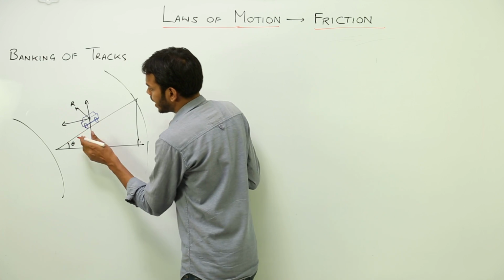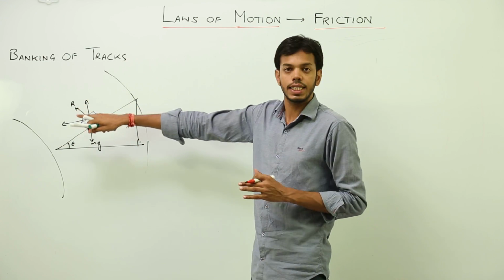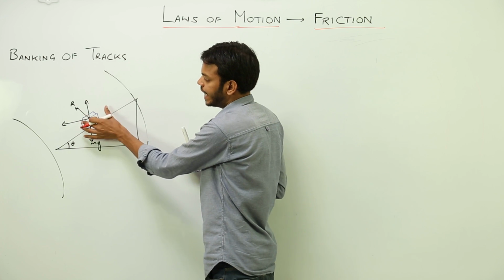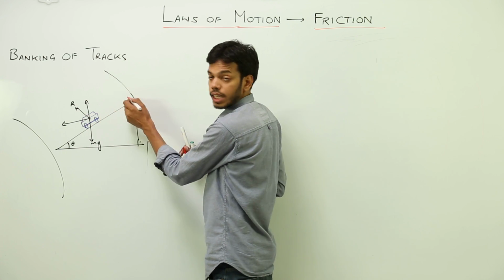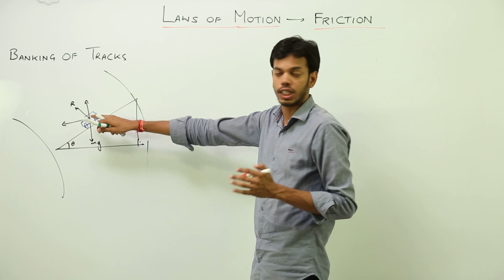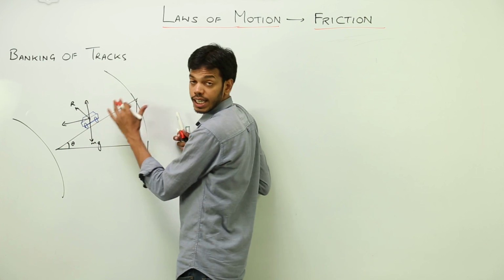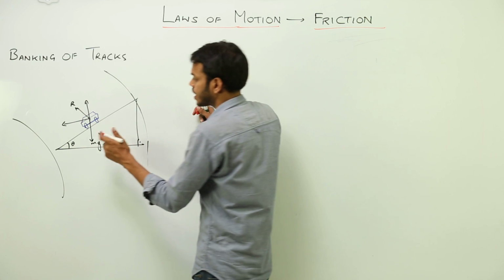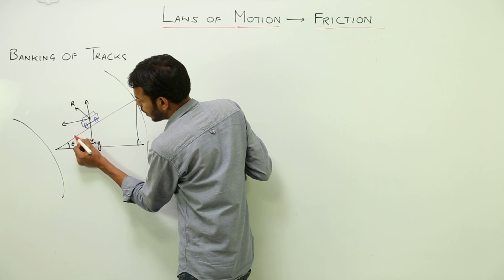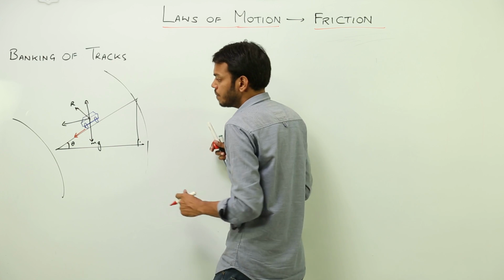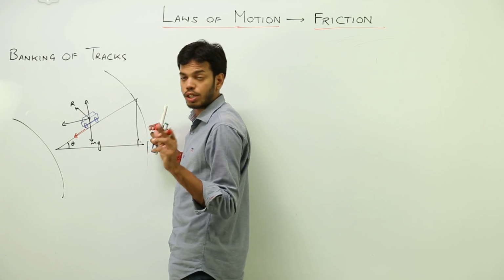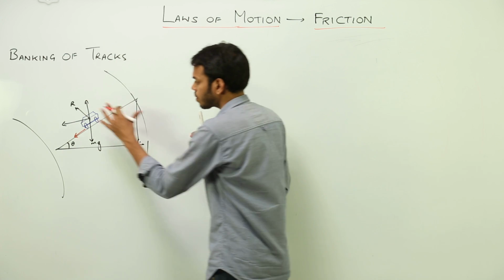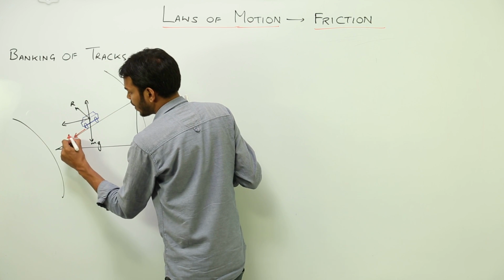Frictional force is acting because when the vehicle is taking such a circular turn, the skidding will take place in this direction if there is no force of friction. So the friction, actually a part of friction, is providing the necessary centripetal force, and the frictional force is acting in this direction. I am making the components of frictional force here only, instead of making it elsewhere, which would make the diagram more complicated. This is my frictional force.